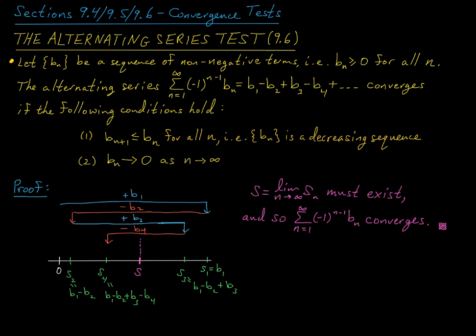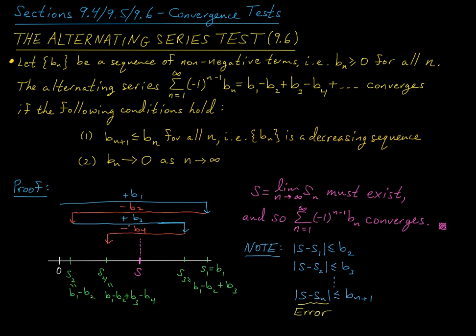And now what I want to point out from this picture here is that we have the following inequalities. If I look at the gap between S, this limiting value, and the first partial sum S1, notice that it is no larger than b2, right? This distance in red. Notice that S minus S2, that's the gap between our limiting value S and S2.